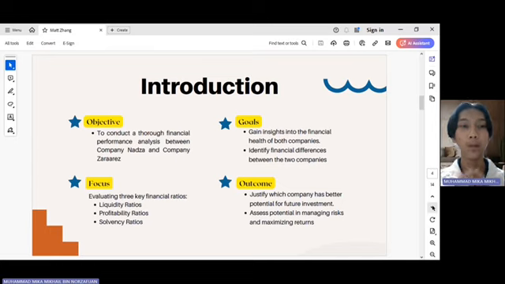Our main focus is evaluating three key financial ratios: liquidity ratios, profitability ratios, and solvency ratios. Our final outcome is to justify which company has better potential for future investment, and to assess potential in managing risk and maximizing returns between the two companies.